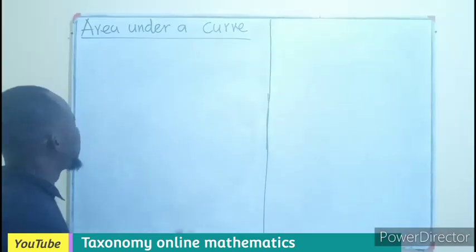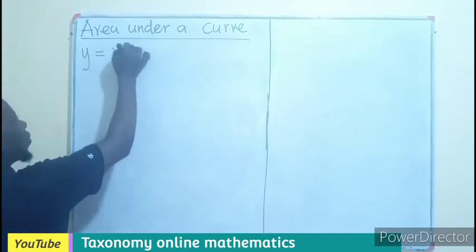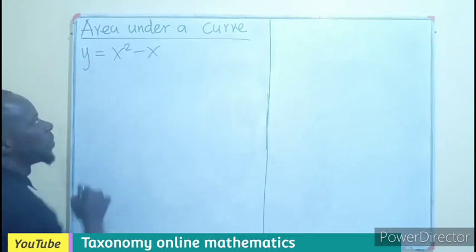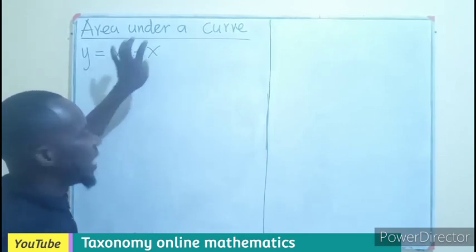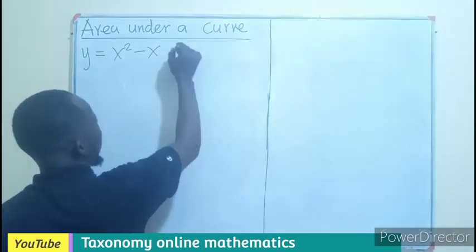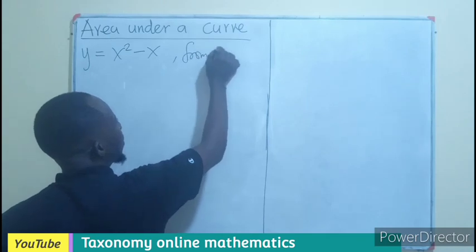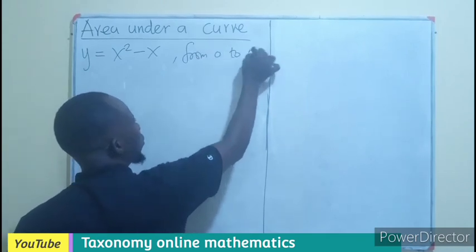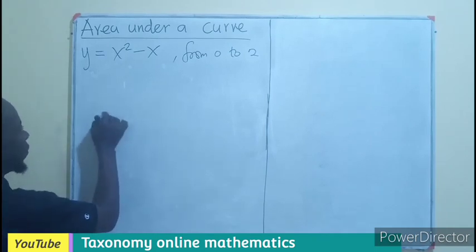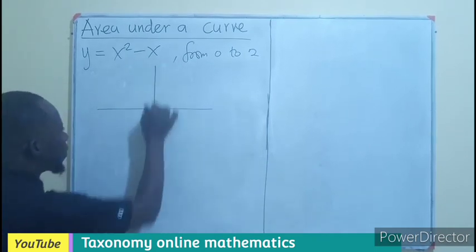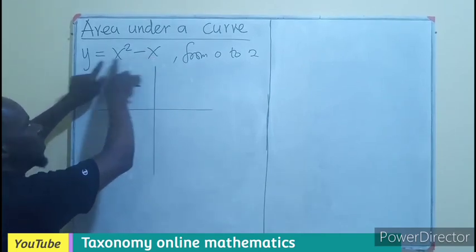Okay, let's consider our equation to be x squared minus x. Area enclosed by this equation and the x-axis from, let's say, 0 to what? 2. Let's see the curve. If x is 0, I'll be having y to be 0.